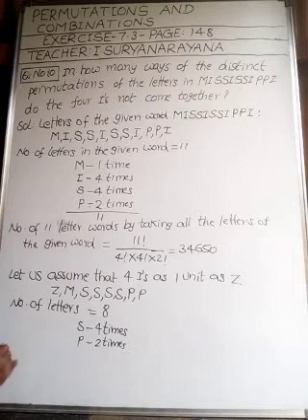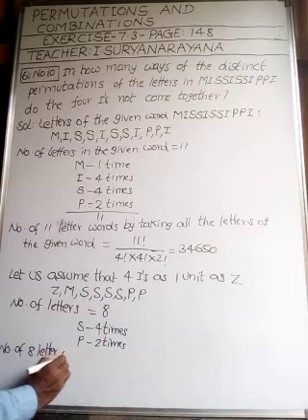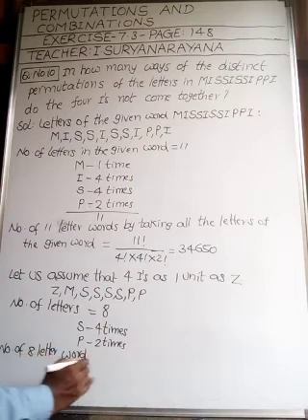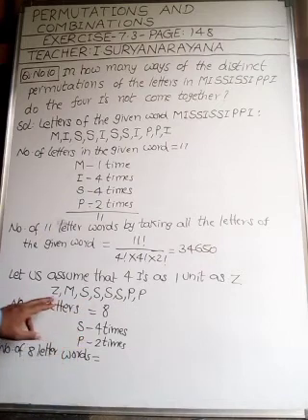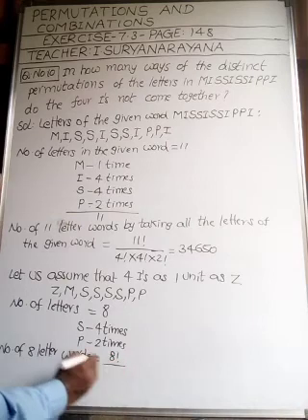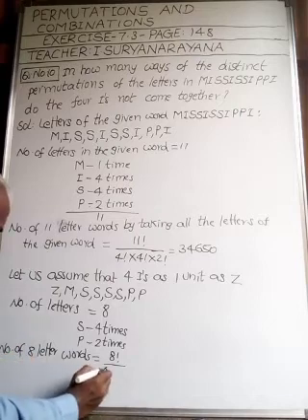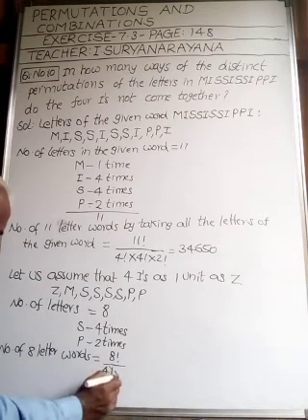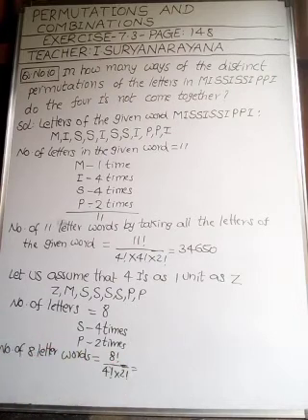So the number of 8 letter words: total 8 letters are there, so 8 factorial by 4 factorial into 2 factorial. Yes or no, my children?